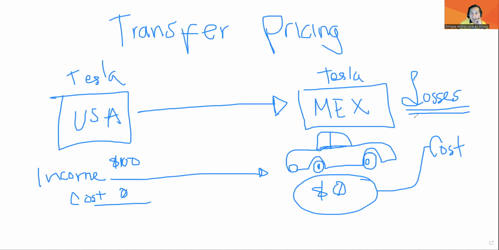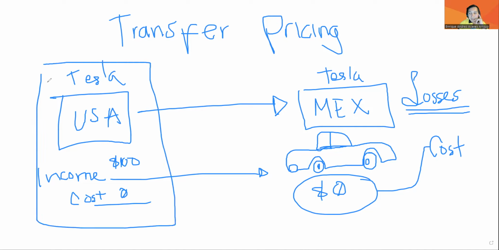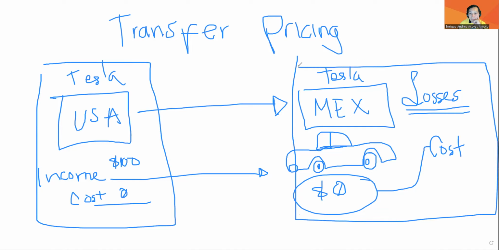You're not obligated to pay taxes when you have losses. You pay taxes on the profits of the companies. So obviously, all the tax would go to the US-based company, and they will pay all the tax in the USA. And the Mexican government wouldn't be able to charge anything from that operation.